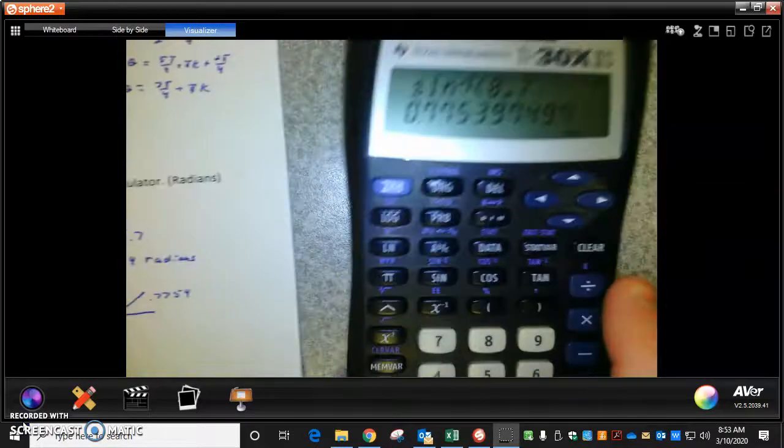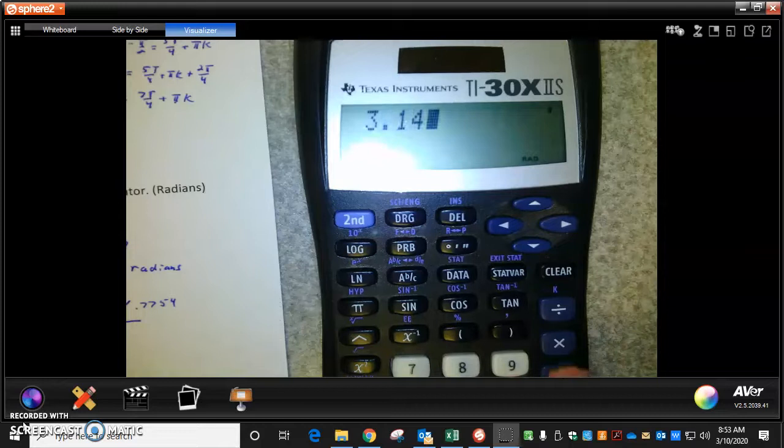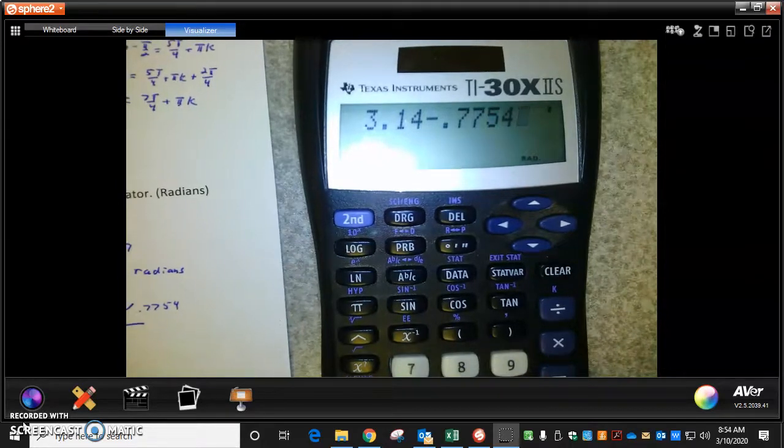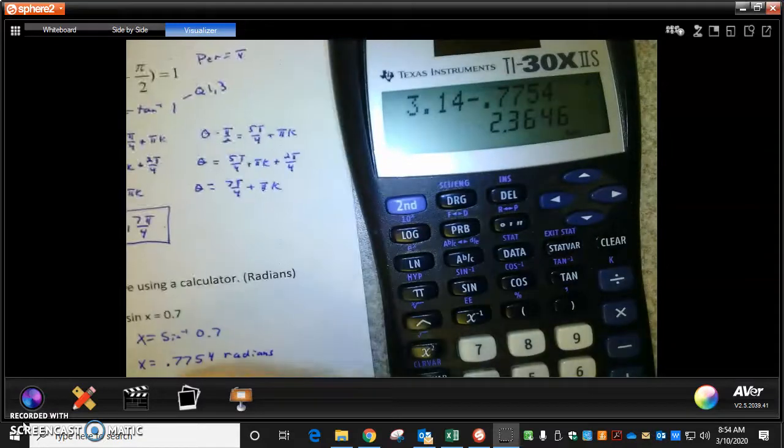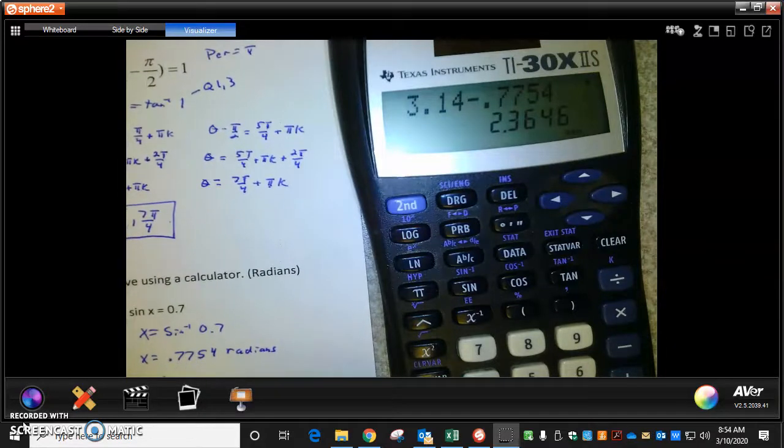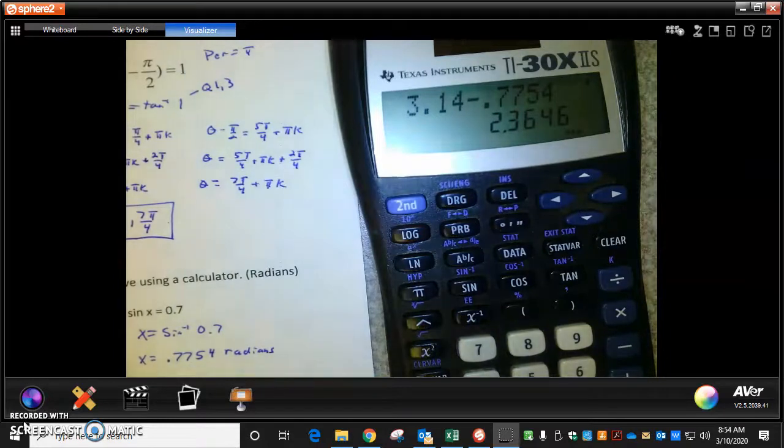So if I took 3.14 and subtracted 0.7754, because 3.14 is pi, I would get 2.3646, which is another angle in quadrant 2 that also has that same radian measure. So this is going to be really important in the next chapter.